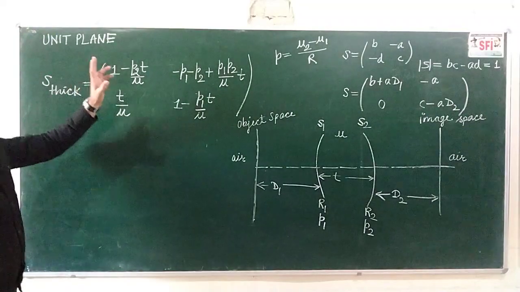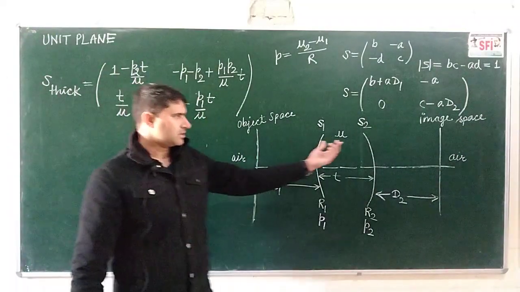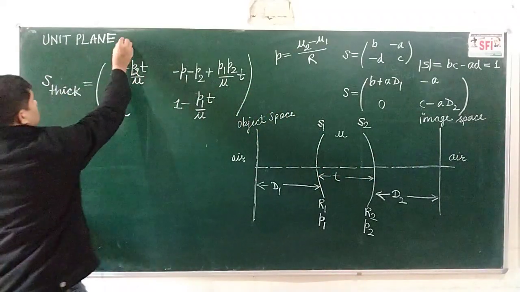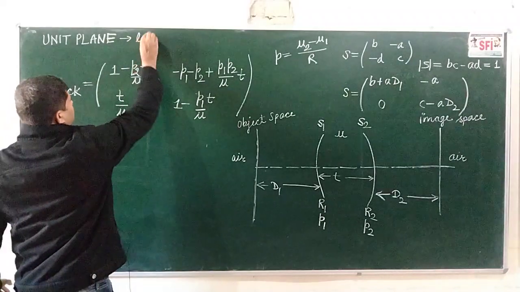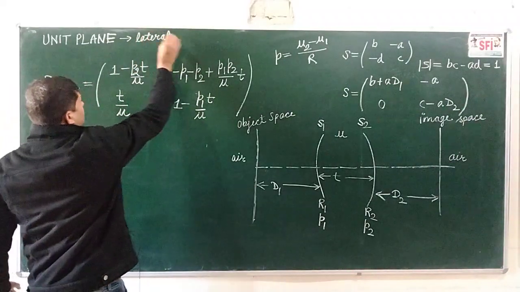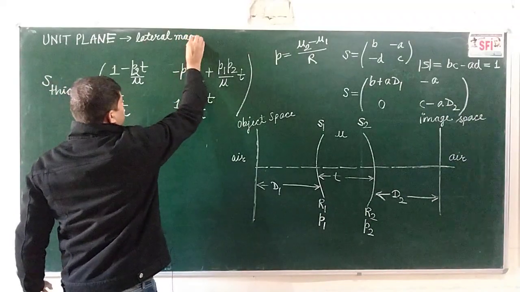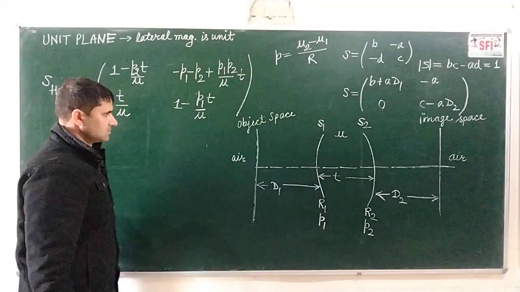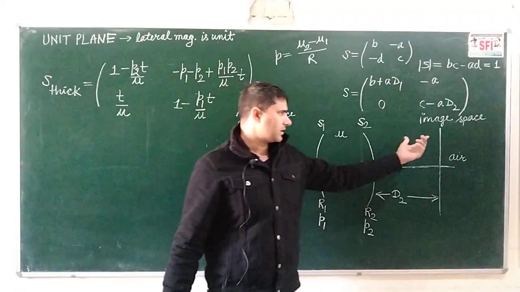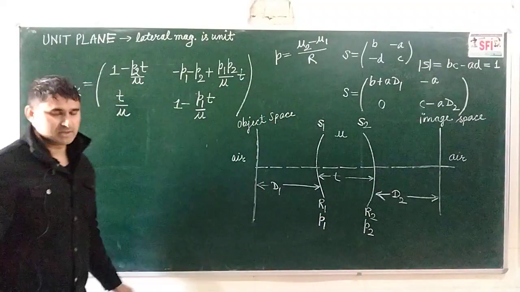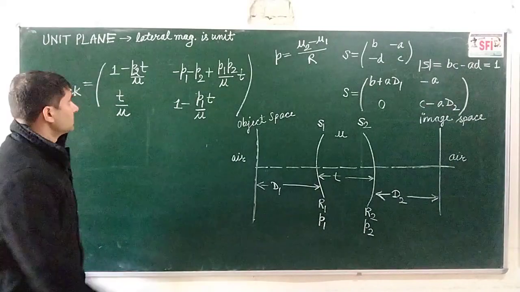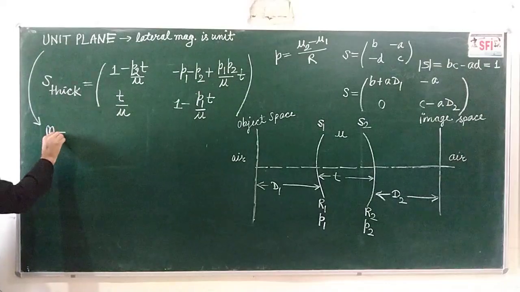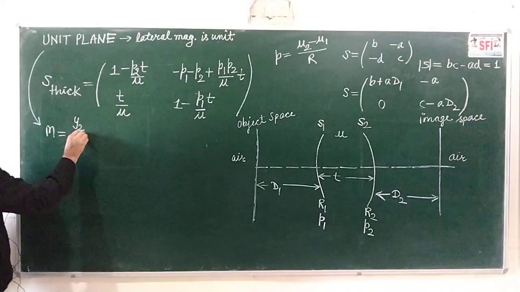Unit planes are the two planes, one in the object space and another in the image space, where the lateral magnification is unity. So we have discussed in previous lectures that the magnification is given by y2 by y1.